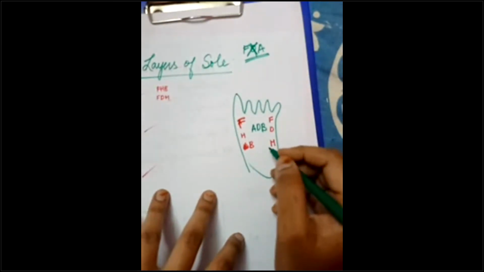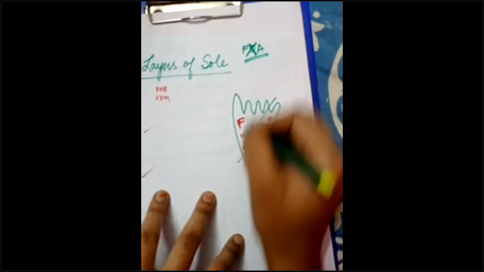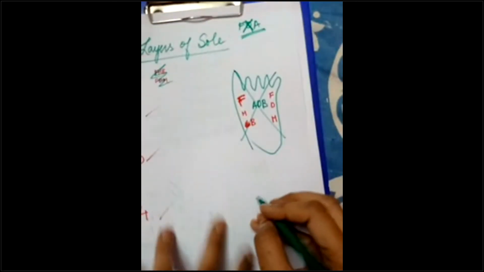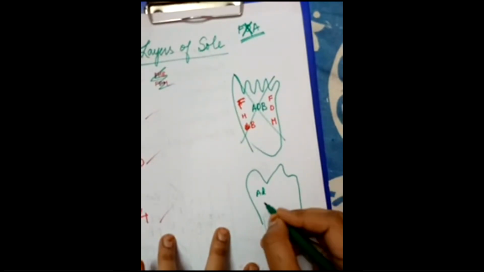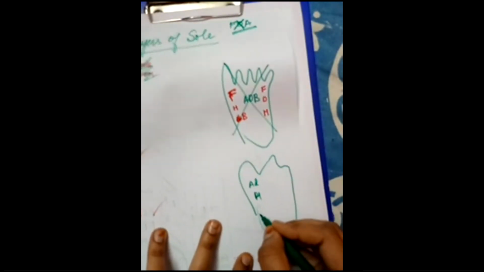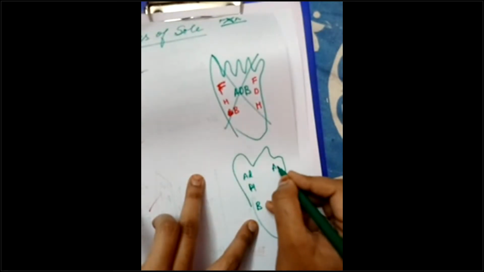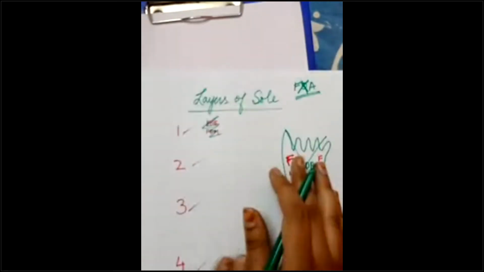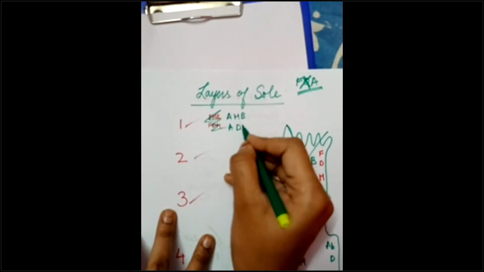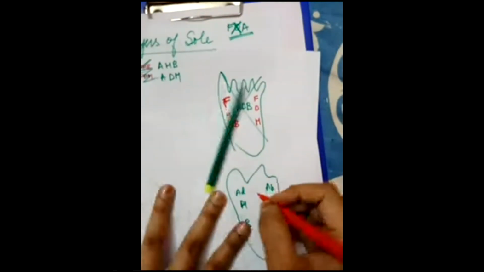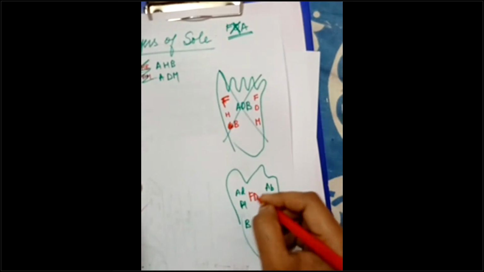No, sorry, I'm sorry, this is flexor. In the first layer you will have abductor only. Abductor hallucis brevis, abductor digiti minimi. In between them you will have flexor digitorum brevis.